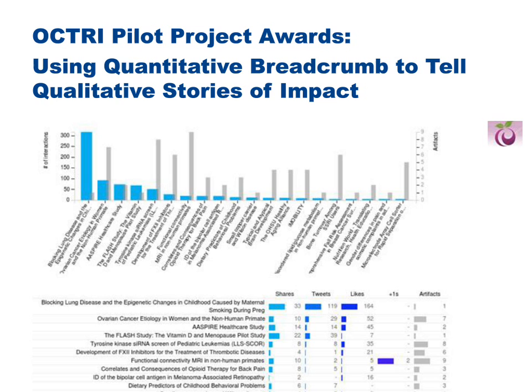So the graph along the top is each of the pilot project awards, their social media activity in the blue, and the number of artifacts or research products associated with each of those projects. Down at the bottom, you get some more detailed data about shares, tweets, likes, etc.